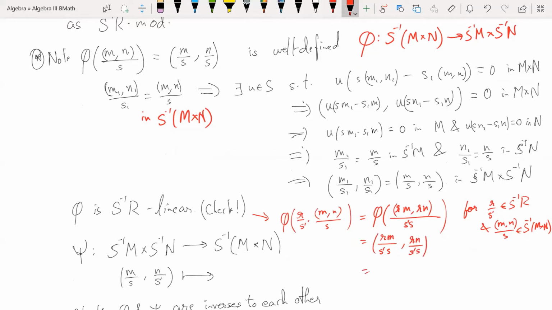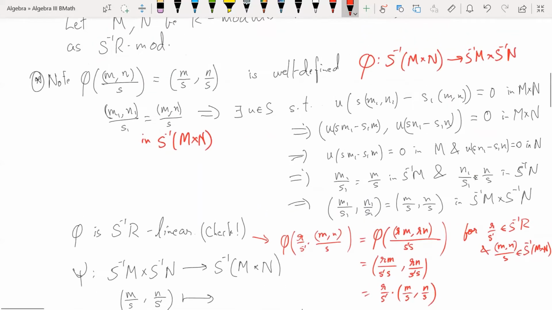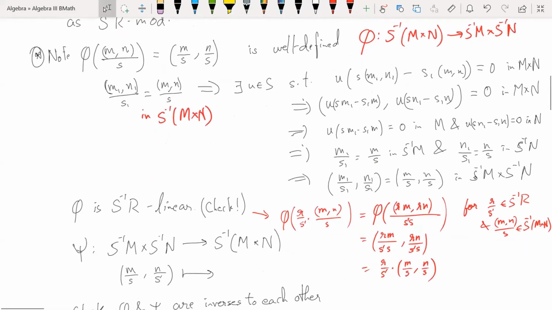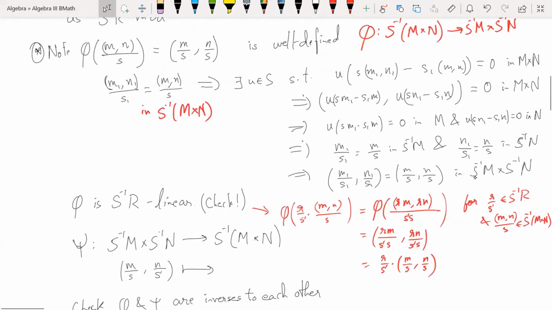Now this is of course r over s prime dot m over s comma n over s, since scalar multiplication on S inverse M is just component wise. You get rm over s s prime, and similarly on N, and this is component wise.